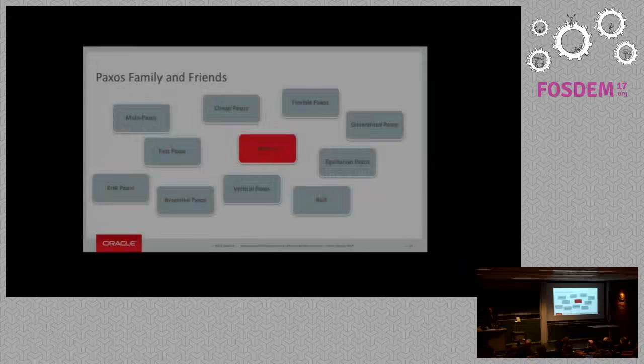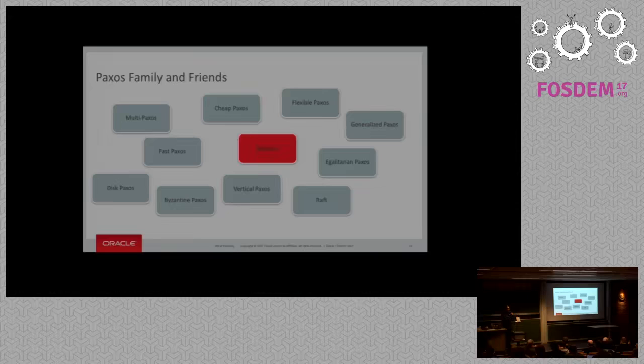So we have decided to use Paxos, but there are a lot of Paxos variations: multi-Paxos, fast Paxos, and others, and we have picked one specific solution. In fact, we started developing our in-house implementation, and then later we came across this paper, this protocol that is called Mencius.